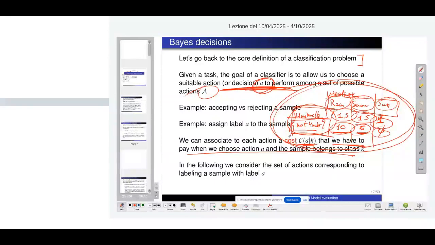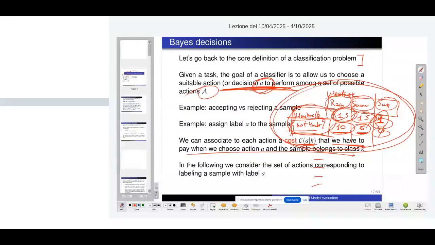So if I choose to take the umbrella, if it's raining, for me it's a cost of 1.5, some unitary cost. Here the unitary cost is bringing with me the umbrella when it's sunny. Of course, costs can be euros. They can also be relative costs to some standard action that has a cost of 1. For example, if it's treating a patient, I may have different treatments.